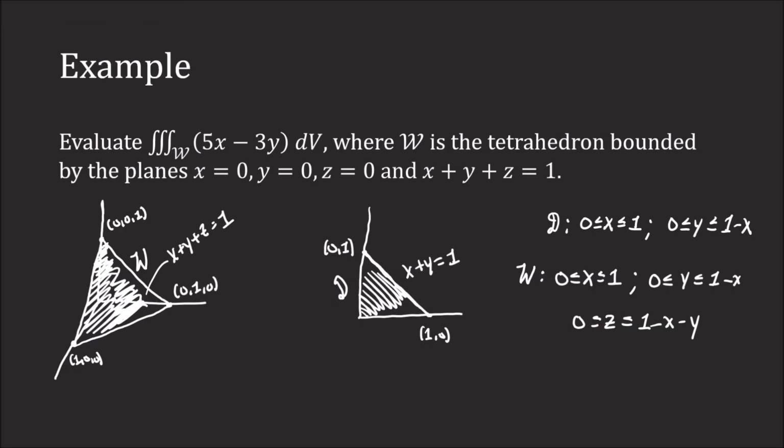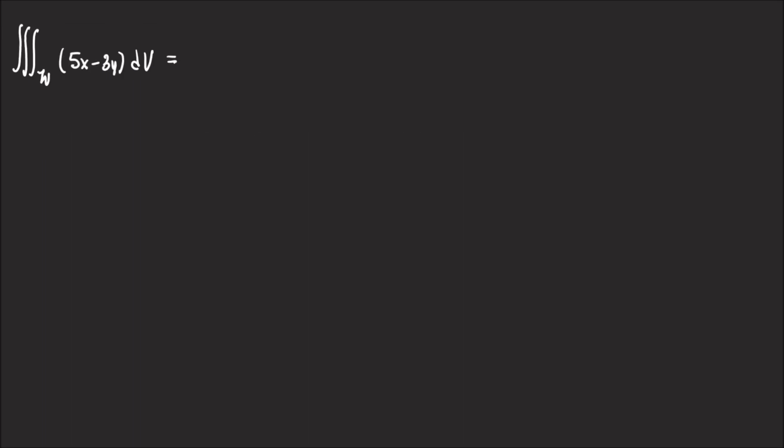So the triple integral over W of 5x minus 3y, and just make sure that was right, yep, is an iterated integral. So we have 0 to 1, then the integral from 0 to 1 minus x, and then 0 to 1 minus x minus y, dz, dy, dx.